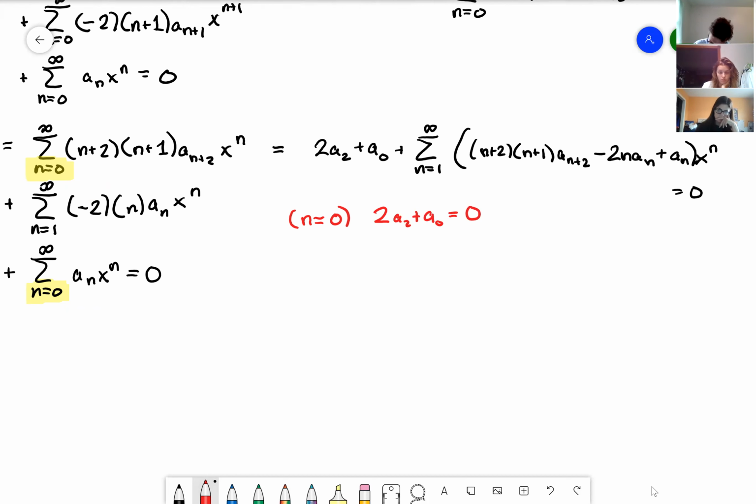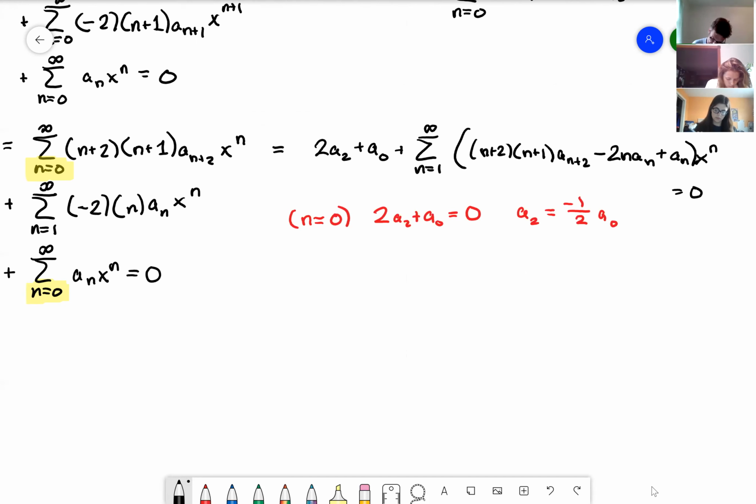Or in other words, a_2 is equal to negative 1/2 a_0. So ordinarily when we do these problems, a_0 and a_1 will be arbitrary constants, and everything else will be determined in terms of those. So this gives us a_2 in terms of a_0.